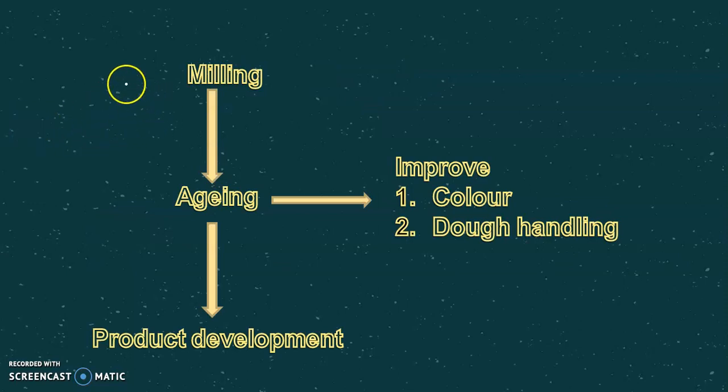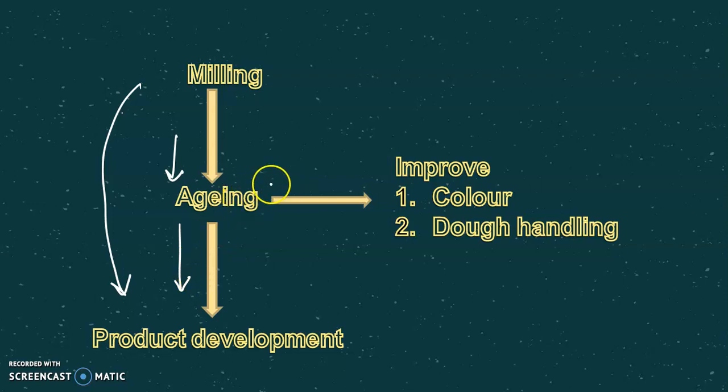Actually, when we produce the wheat flour, it cannot be directly used to develop products just like bread, cookies, cakes. Rather, it is aged for some time, and then after aging, it can be used for the product development.